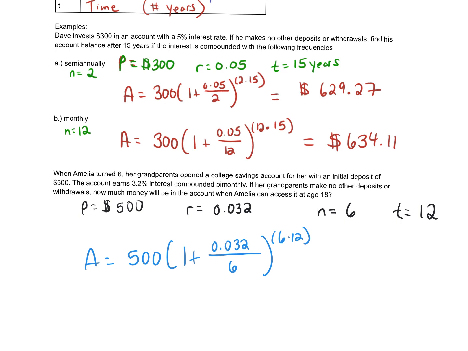So if I work this out, I'm getting $733.32. So that $500 in 12 years is made of an extra 200-ish bucks, $233. So that would be how much she could pull out of this account when she is 18.